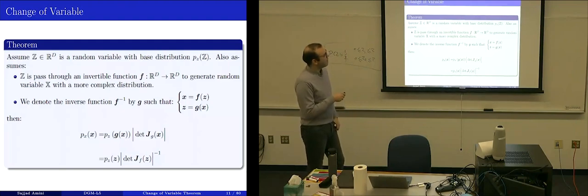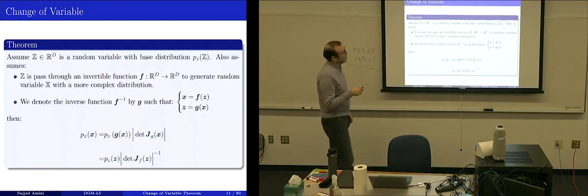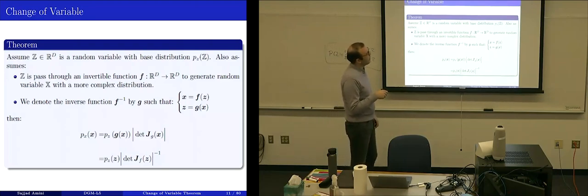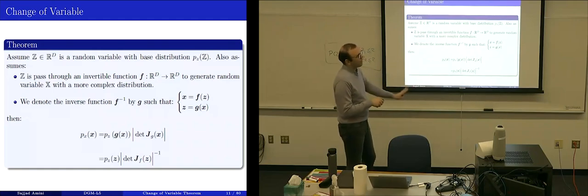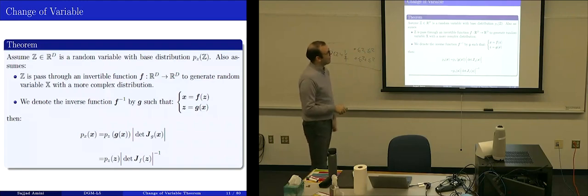Okay, assume that Z in R^D is a random vector with base distribution PZ of Z. Just for this model, I use PZ of Z at the start. But we know that if I write down PZ, this is the distribution in the Z space.